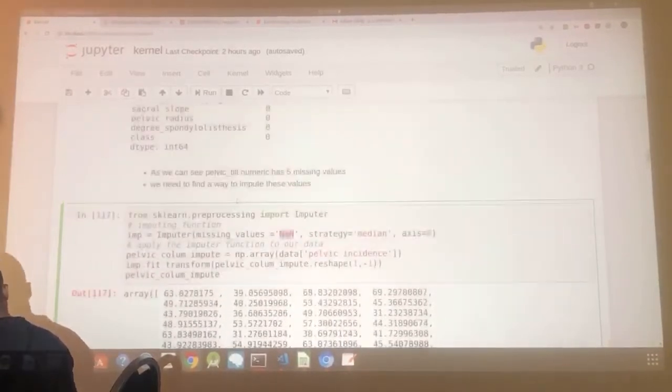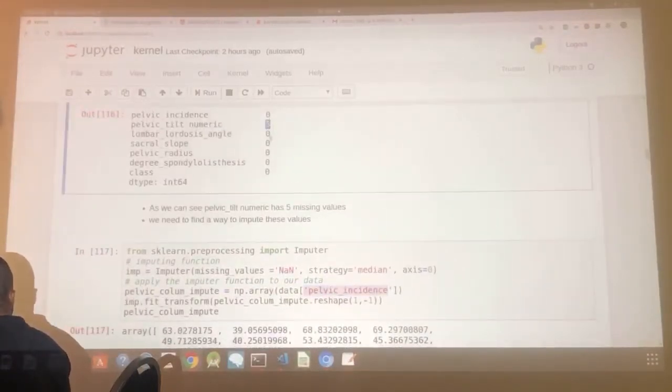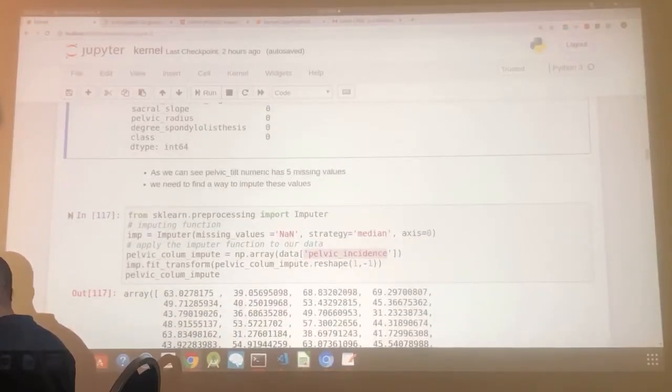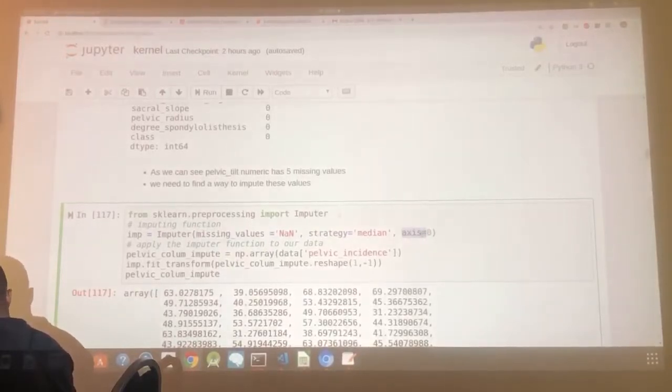So here you put. This case was easy because we knew which column had missing values, right? It was this, and then we made it an NP array, and then there's something called an imputer function, which comes from sklearn preprocessing. So you import Imputer, you put the missing values as NaN, and what strategy you want to use, median or mean, and the X is going towards your column.